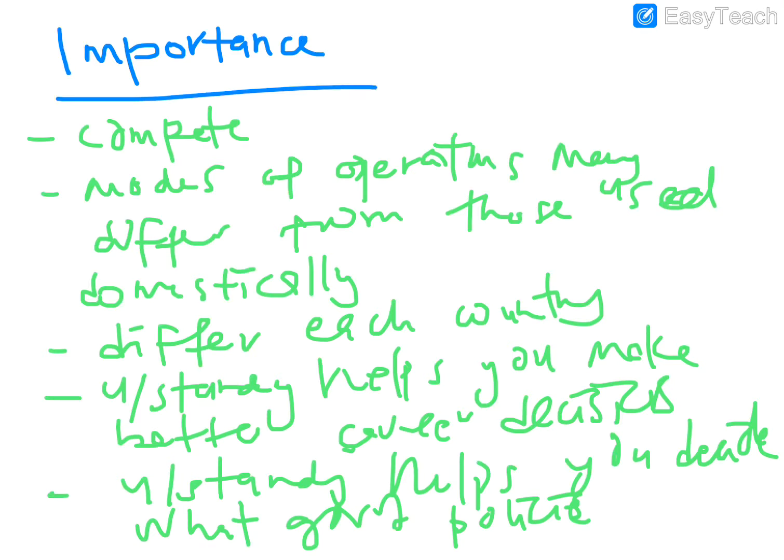If your mode of operation in Malaysia differs when you go to Singapore, Indonesia, or any other country, the best way of conducting business may differ by country, because every country has different rules and regulations. Then, understanding helps you make better career decisions, and understanding helps you decide what government policy to support. If you learn about IB, you must know about government policy, tariffs, quotas, and so on.